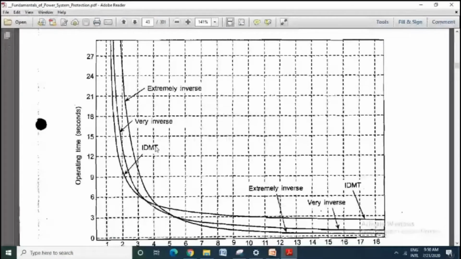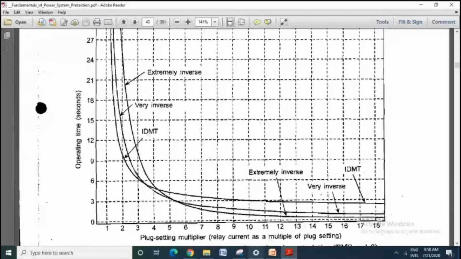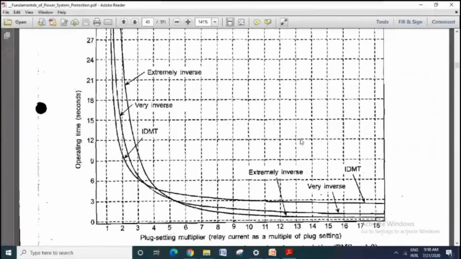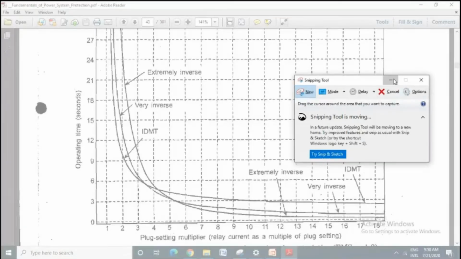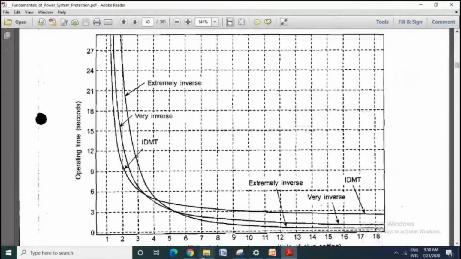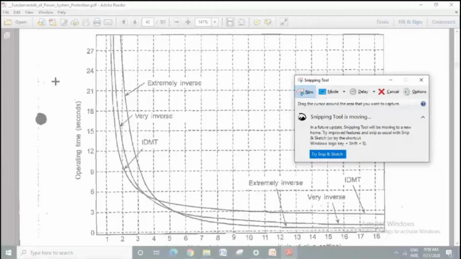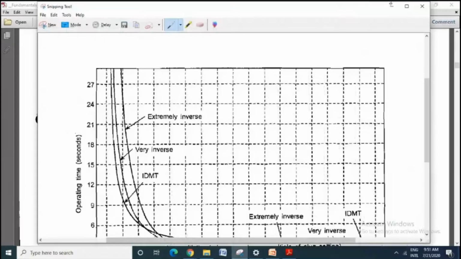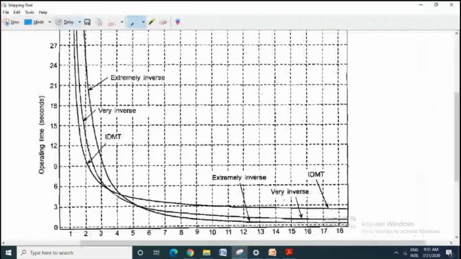For this IDMT graph, which you can see over here, for the prior values it follows the inverseness rule.